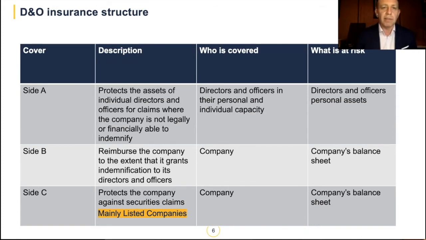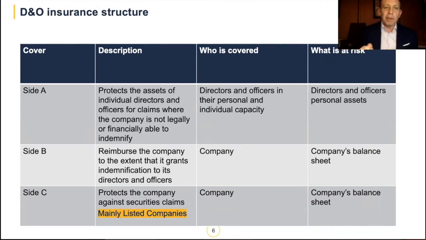That's directors are covered in their personal capacity. We pay their legal costs either to them or to their attorneys, and we pay the damages obviously to the third party. Side B, it says who is covered, company. Now that might be at odds with what I told you earlier, but let me explain. In some businesses, the company agrees that it will pay the legal costs of the directors, and then the company recovers that from the D&O.